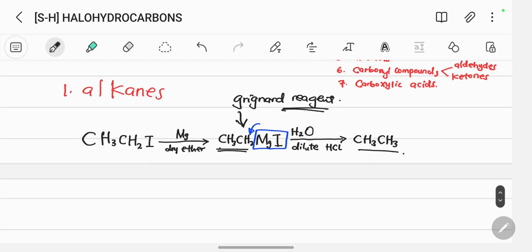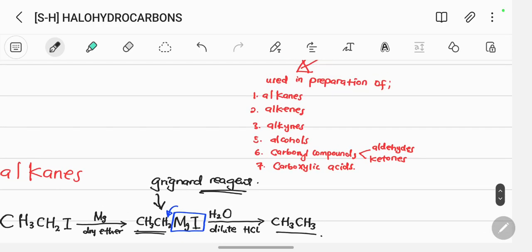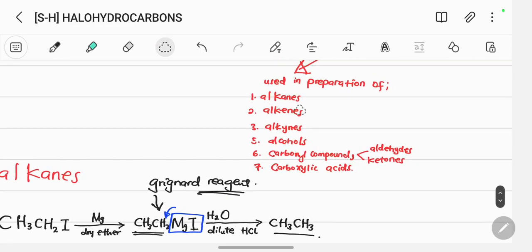You may form a Grignard reagent of 3 carbon atoms, 4, 5. So there are very many.